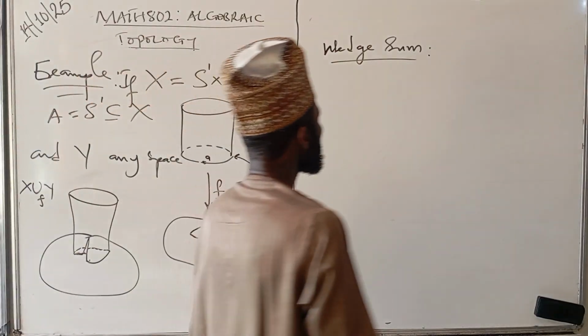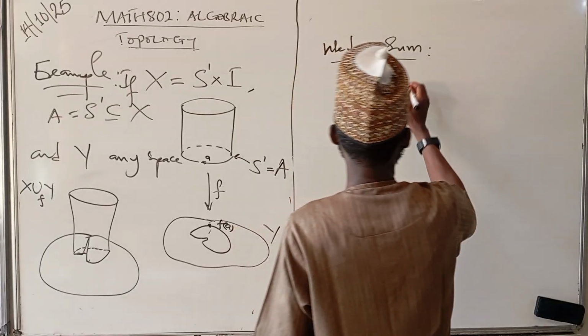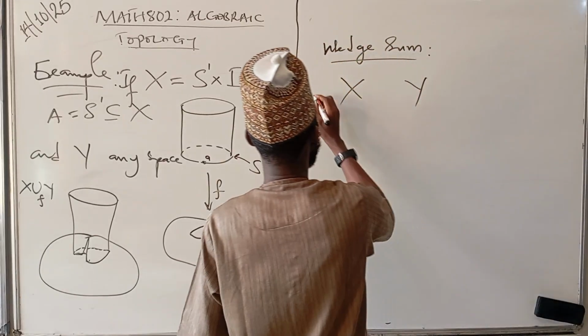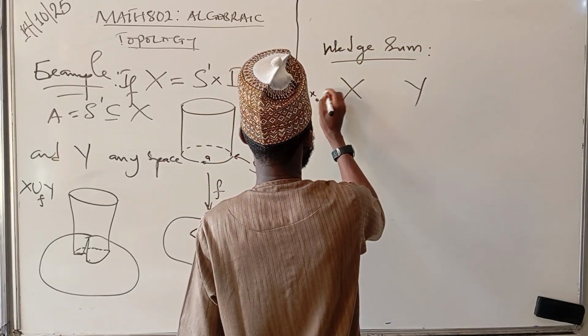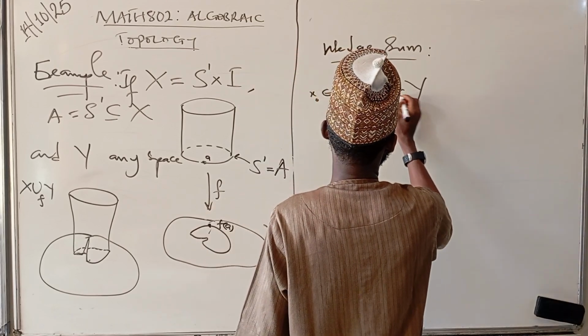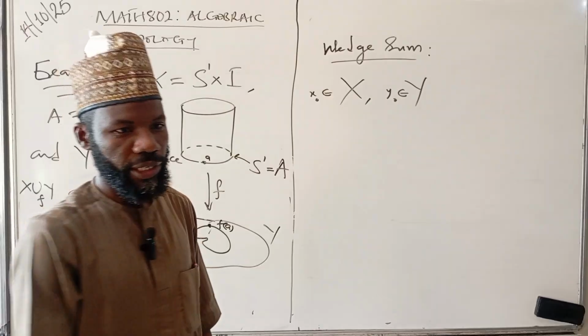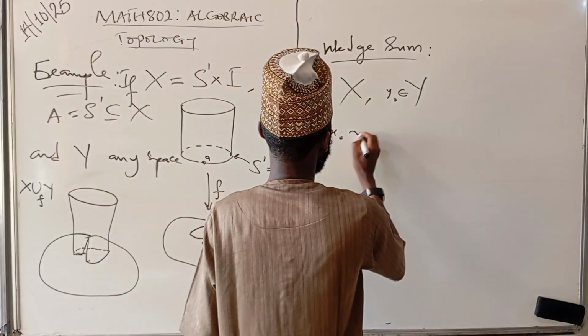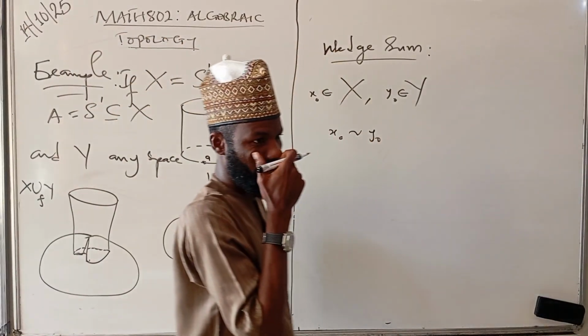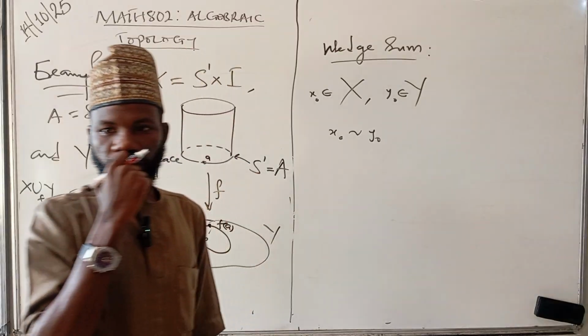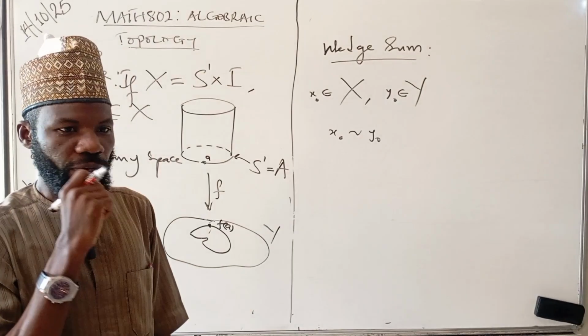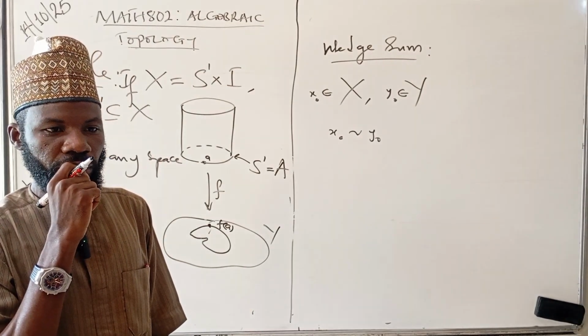So you have two spaces, X and Y, then you pick a point in X and a point in Y, and then generate an equivalence relation by saying x is related to y, and then you identify these two points together.